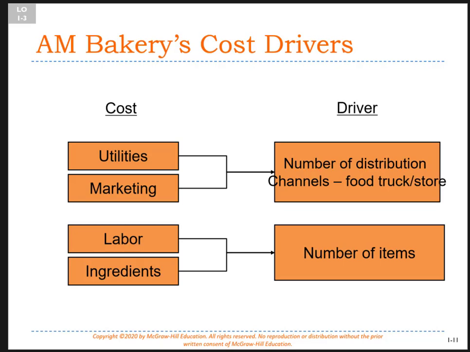Now, of course, you'll have some that get scrapped, all that kind of thing. So it may not be a perfect one-to-one relationship, but you can see the relationship between how many people you have working, how much flour you have to buy, and how many items you're making, which we would hope would go up if we have the food truck.